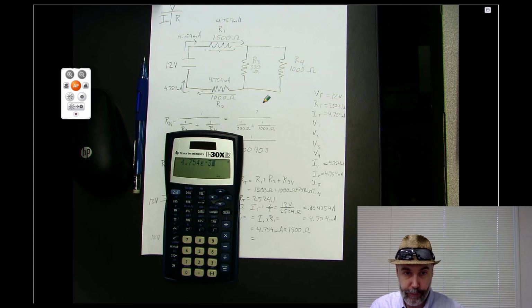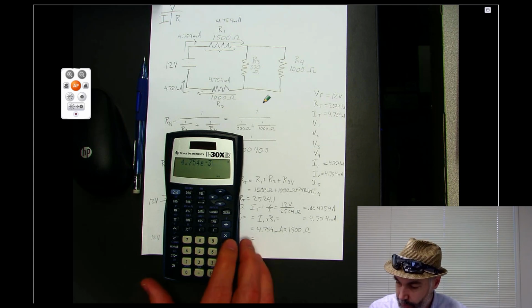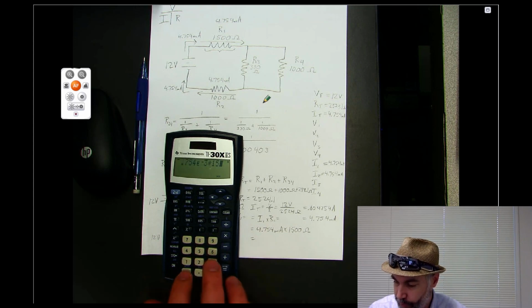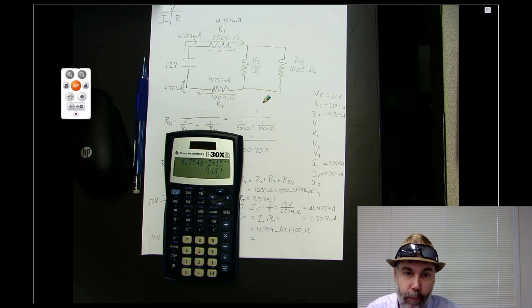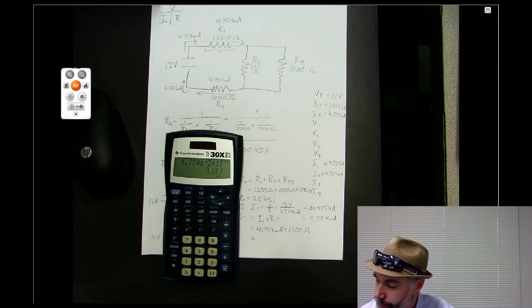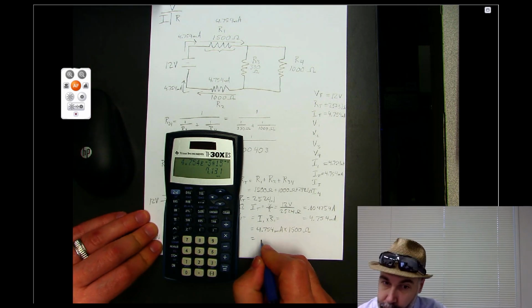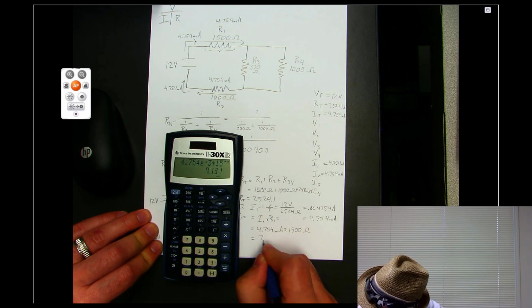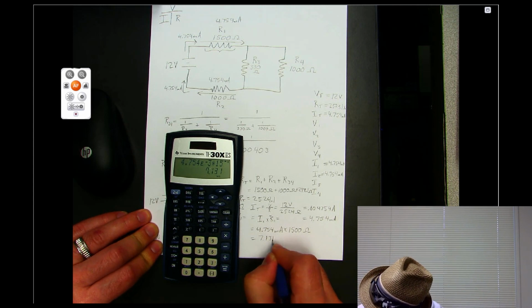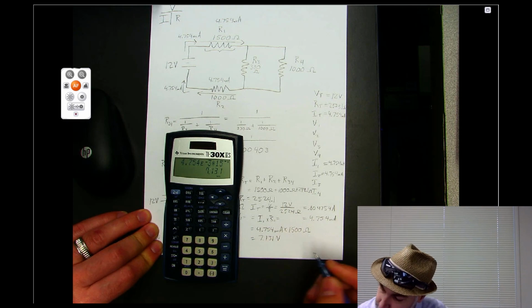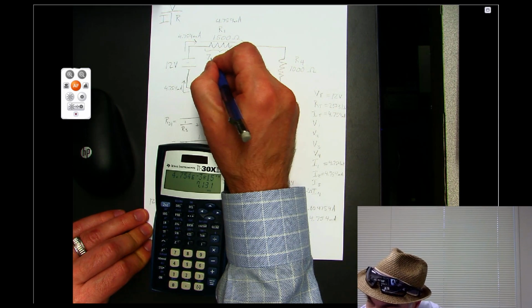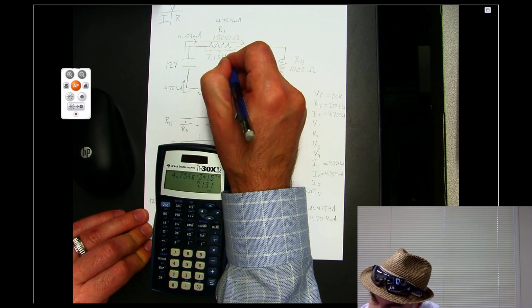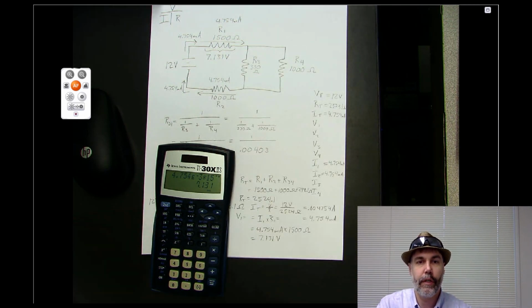So that's another way of saying 4.754 milli, okay? And then times 1,500 ohms, and that gives me 7.131 volts. So down here, that is 7.131 volts. So up here, I write 7.131 volts. Okay?